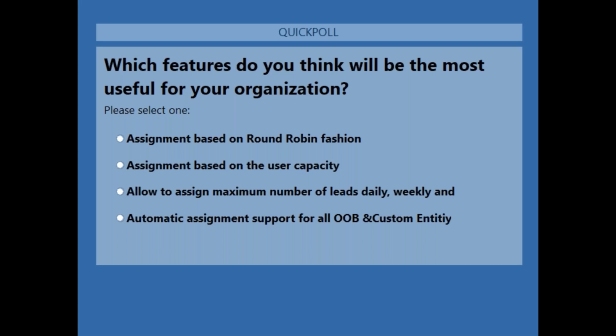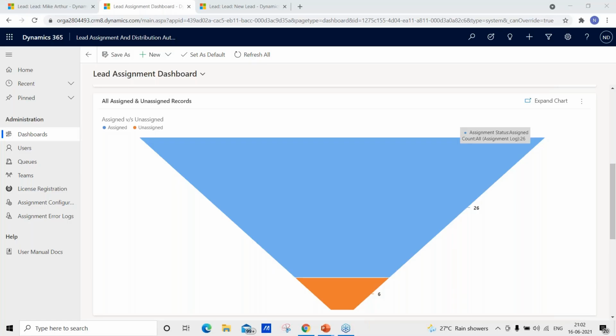Last 10 seconds. Oh, that's lovely. So we have got a mixed thing. Some of them are saying a round robin fashion, user capacity, assignment for all. Great. Thank you once again for participation in this particular small poll. So let me switch back.